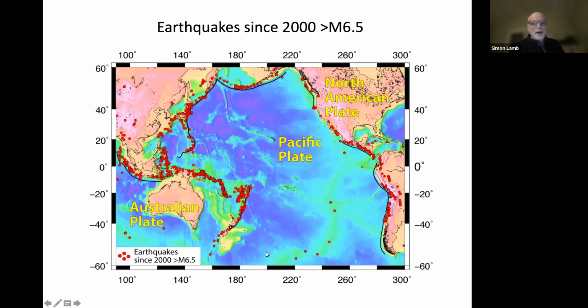And this is just magnitude greater than 6.5 since 2000. I made this diagram probably about 3 years ago, so this is about 20 years of magnitude 6.5. And you see again how they just define the edge of the plate, though some of the deeper ones will be in the Benioff zone of the down-dipping plate.